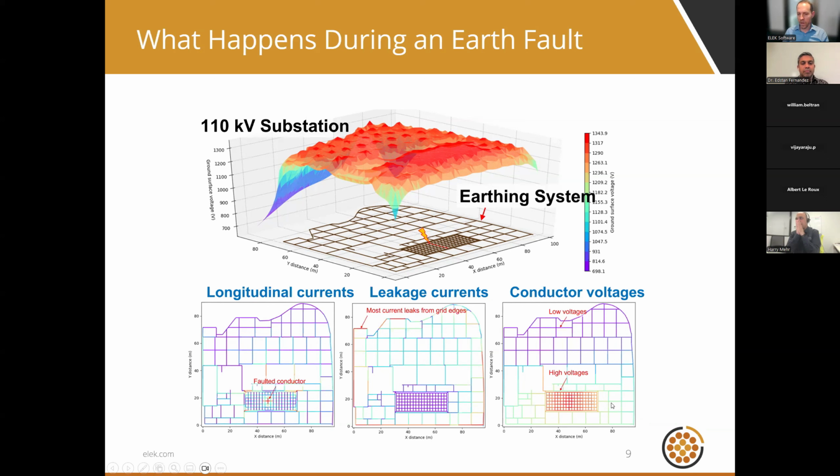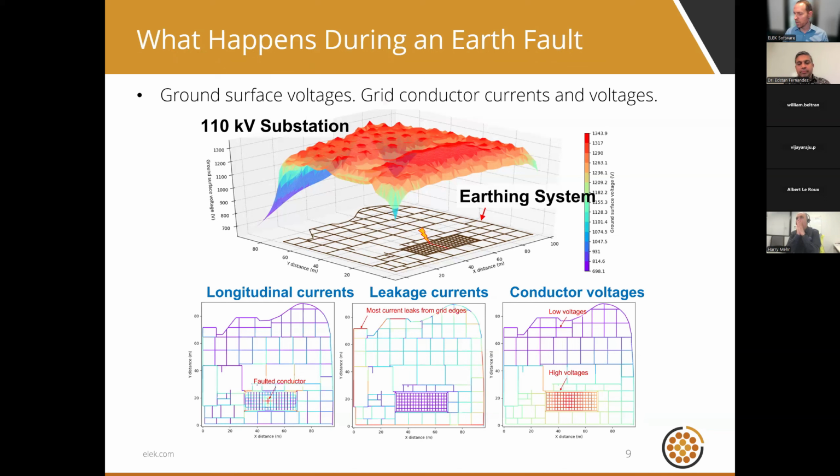Let's look at the conductor voltages. Now this makes sense. We've got the faulted conductor in the middle, so we've got higher voltages. And as we move away, the voltages of conductors further from the faulted conductor are lower.